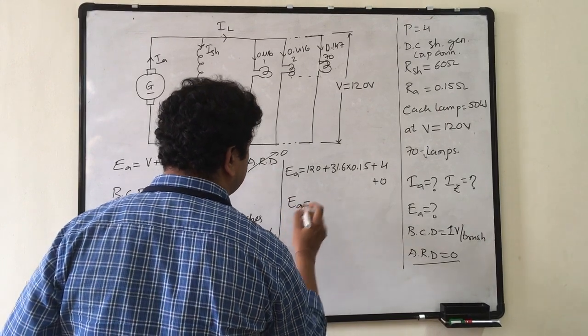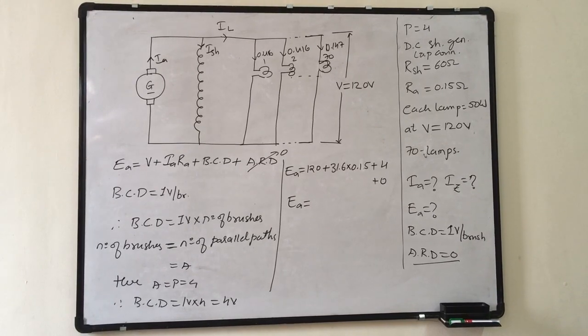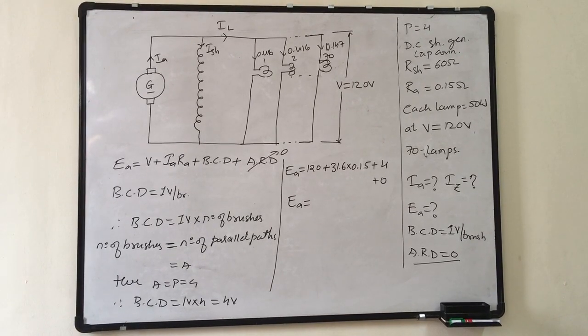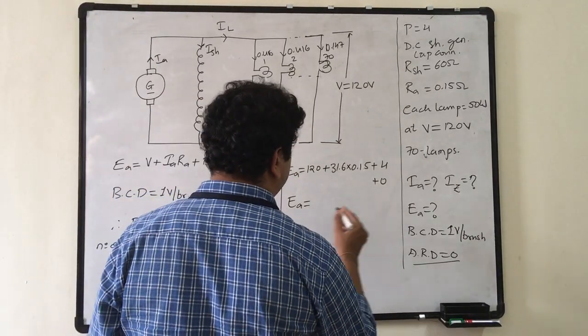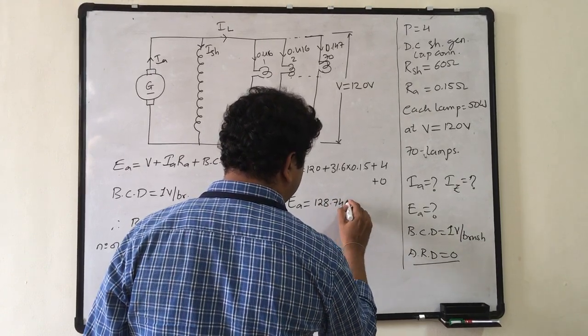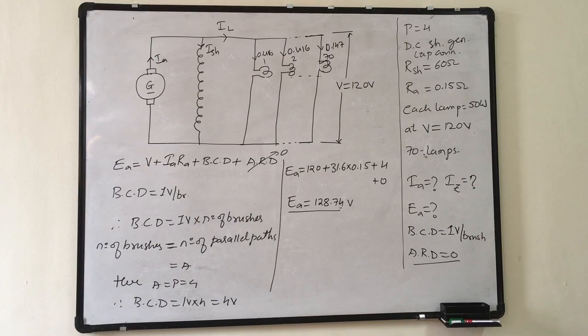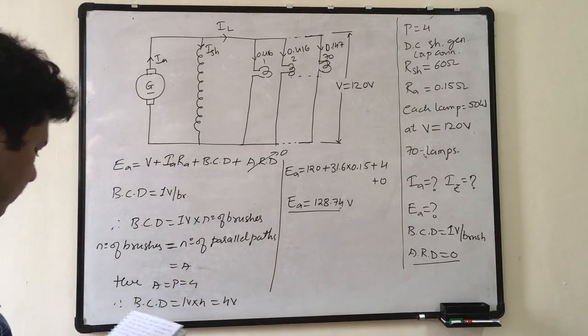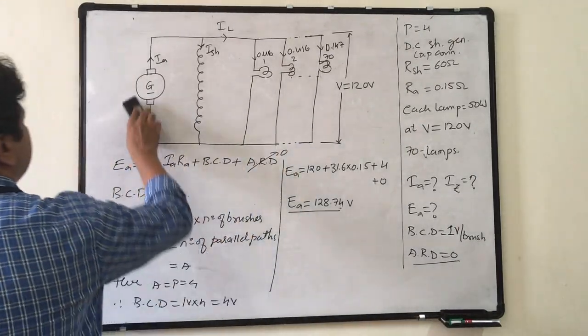Now EA is equals to 128.74 volts. So generated EMF is 128.74 volts. Okay. So this is the solution for the given problem. We'll move to next example.